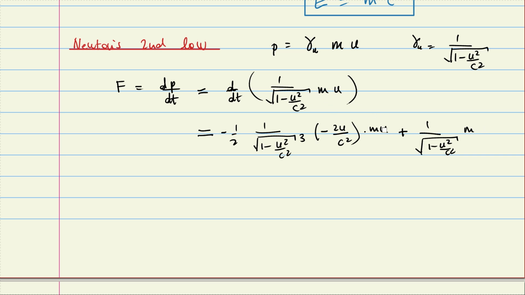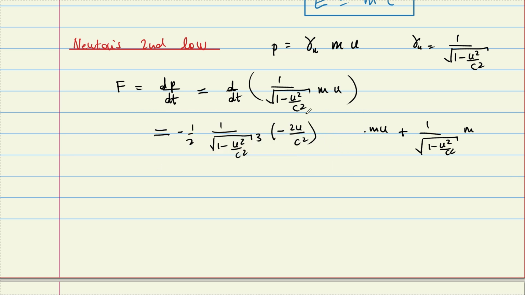Oh, this is m. I think I forgot. So this is minus a half, cubed, minus 2u over c squared. This is du/dt. Is that right? Yeah. And this one is du/dt.